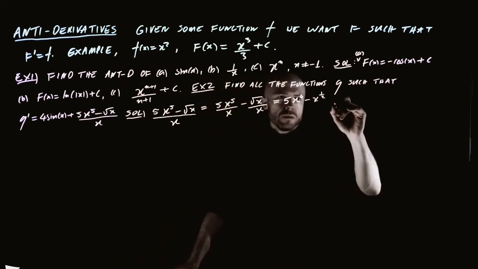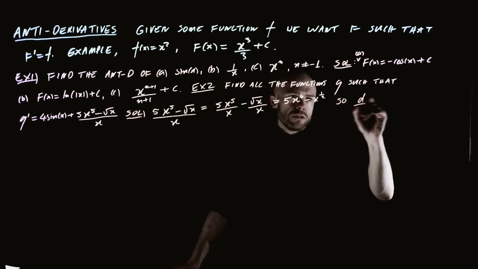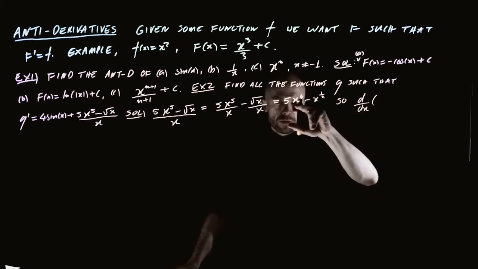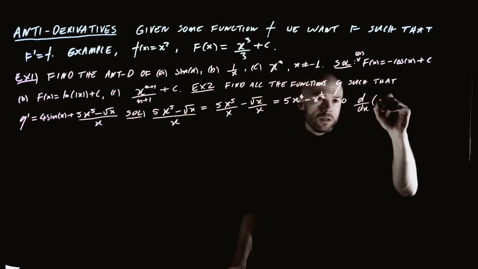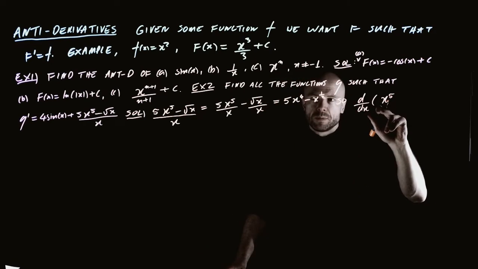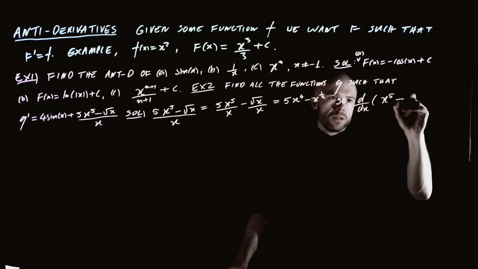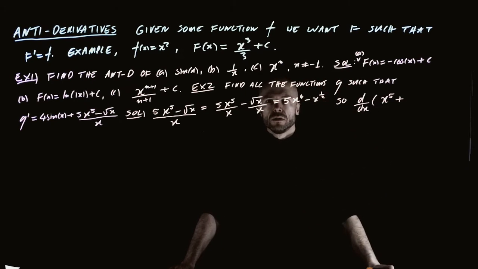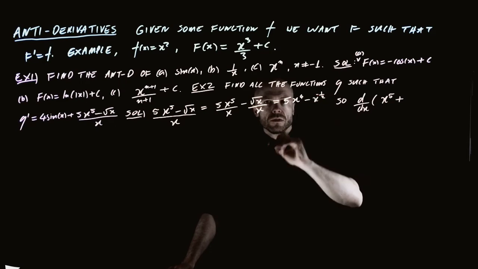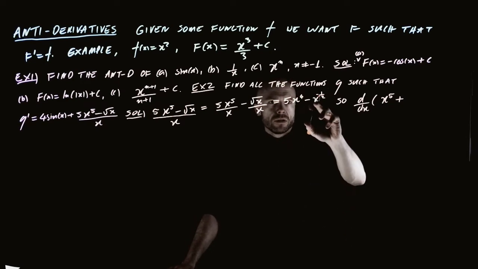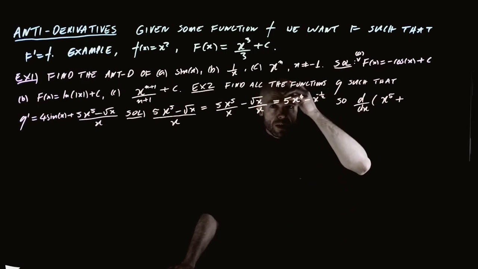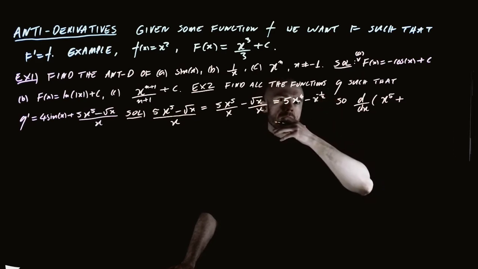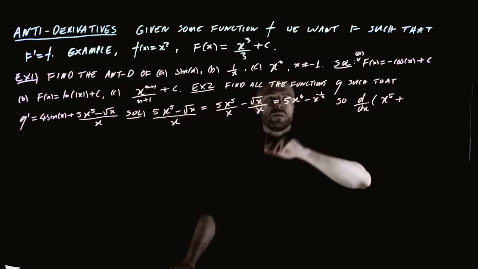So let's see what we come up with that we can differentiate to get this thing. Well, if we differentiate x to the power 5, we get this. Oh, I've done this wrong. This is minus. We know that to get this power, we will need x to the half. But we have a constant of minus 1 in front.